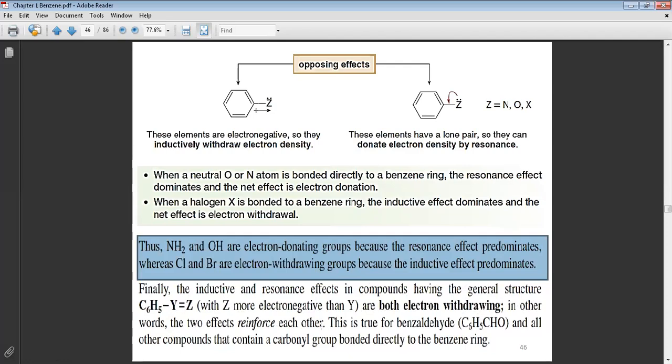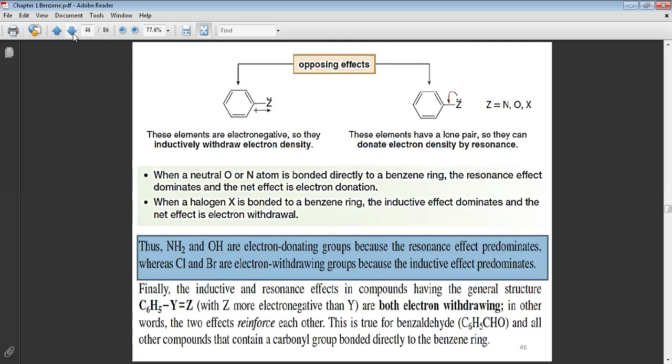Reinforce means both go in the same direction. The inductive and resonance effects cooperate, so all the time it will be a withdrawing group. All the time for the carbonyl, or any Y, it will have a partially positive charge. We explained that, and it applies to all other compounds that contain a carbonyl group bonded directly to the benzene ring.